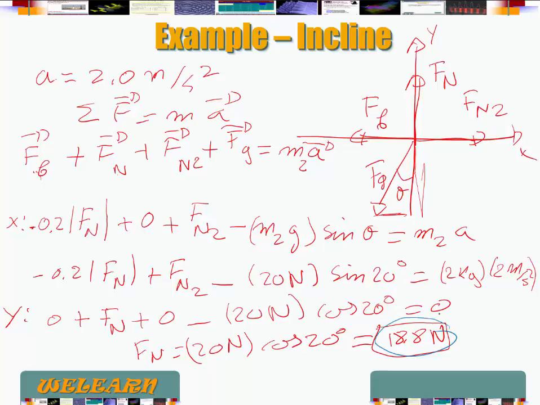So I'm going to take this and replace it here. I'm going to rewrite the equation on the top here.